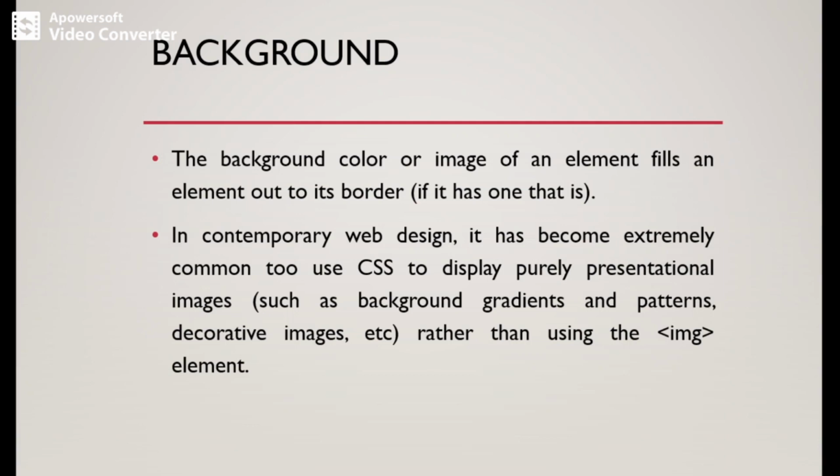Now background. When I say background, the color or image of an element fills the element out to its border. In web design it has become extremely common to use CSS to display purely presentational images such as background gradients and patterns, decorative images, etc. So instead of using the img tag, we are using background color and background image.